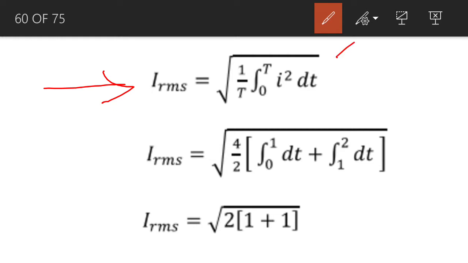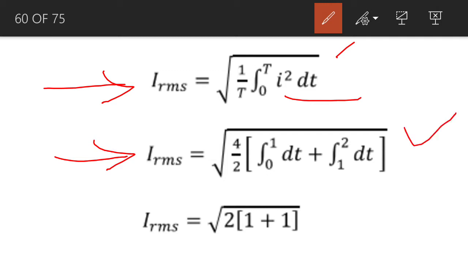will be equal to under root 1 over T, the integration from 0 to T of i square dt, and there are two values of this current. We have plus 2 and we have minus 2. So the root mean square value of the time varying current will be equal to 4 by 2, then we have the integration of dt from 0 to 1 plus the integration of dt from 1 to 2.